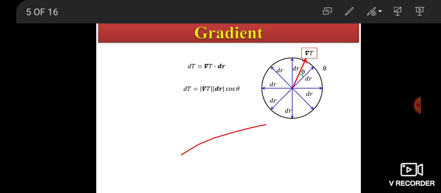First of all, you are here, and from that point you can move in any direction, but the distance of these displacements is dr. But we don't know the direction of gradient of T. So we are standing here and we can move along this direction or that direction, but we don't know in which direction the gradient of T acts.